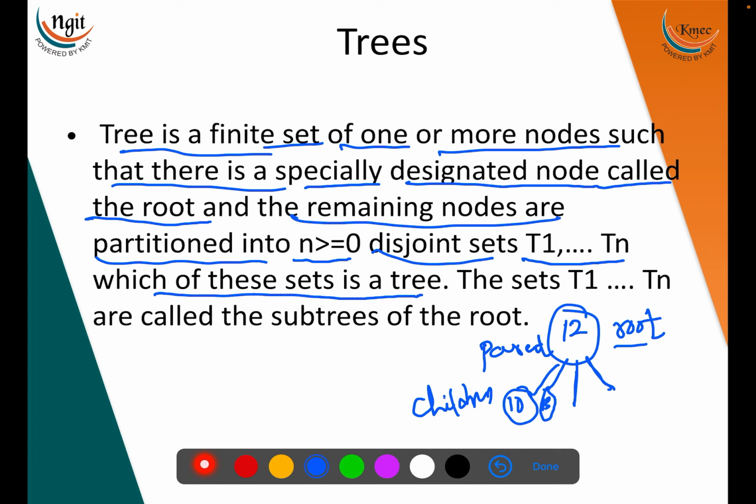So all these nodes are partitioned into disjoint sets. Each of these sets is called a tree. This is called a subtree, and this is also called a subtree. It is a tree that has the ability to have more branches from this 10.